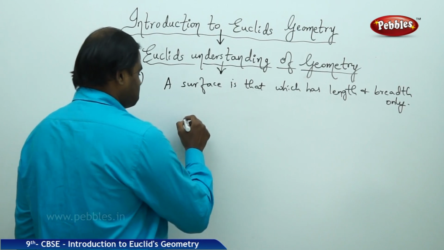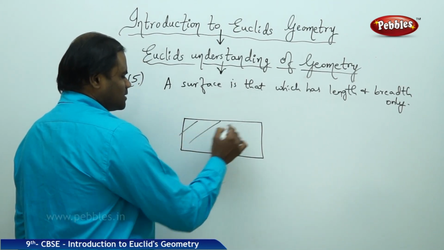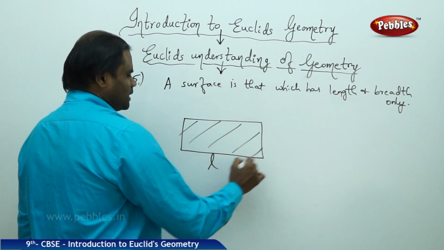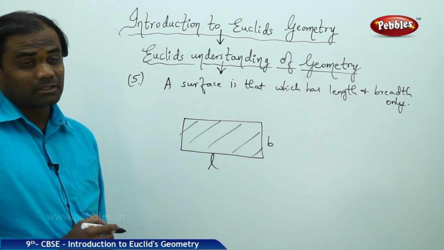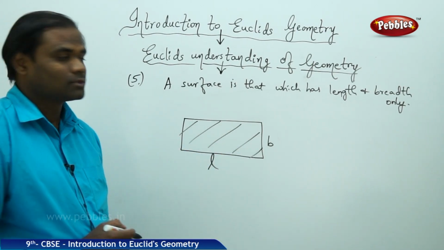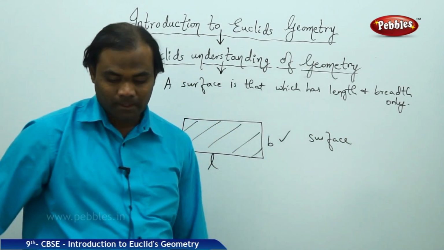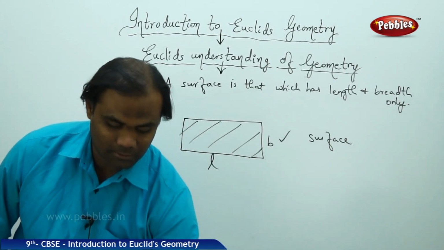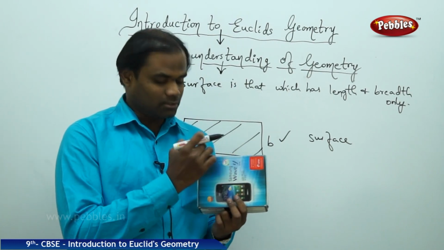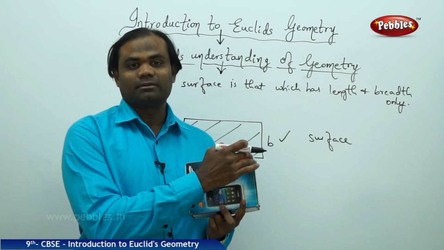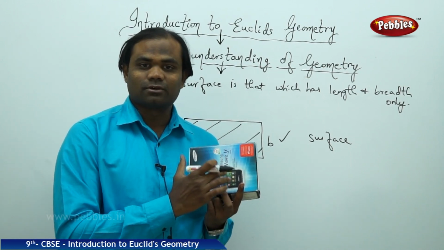For example, I take a rectangle. A rectangle is a surface which has length and breadth, but it does not have anything else other than length and breadth. So this is a surface. This is also a surface. This is a surface because it has length and breadth, is how we understand the surface, each surface of this box.